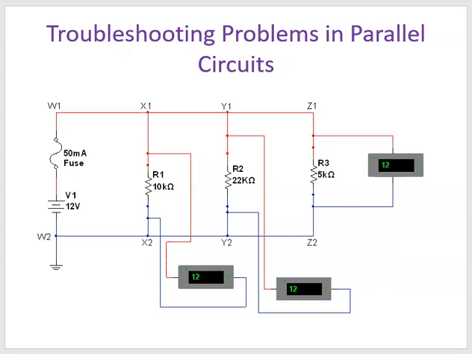What about parallel circuits? Well, we know the characteristic of a parallel circuit is that the voltage is the same across each parallel branch. That means the voltage from W1 to W2 will be the same voltage from X1 to X2, the same voltage from Y1 to Y2 will be the same voltage from Z1 to Z2.